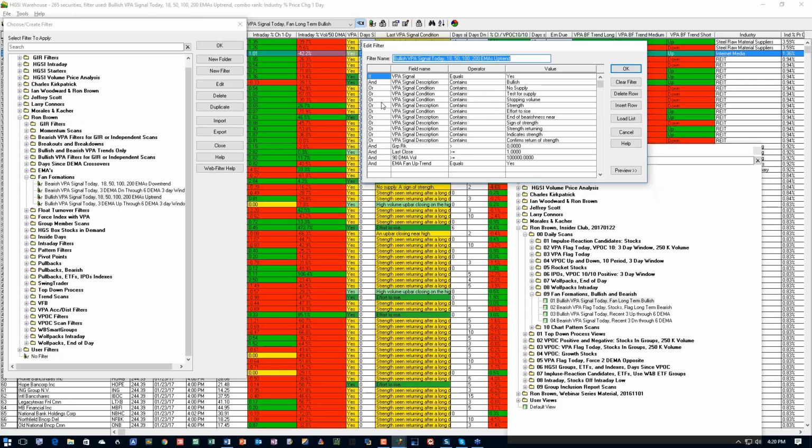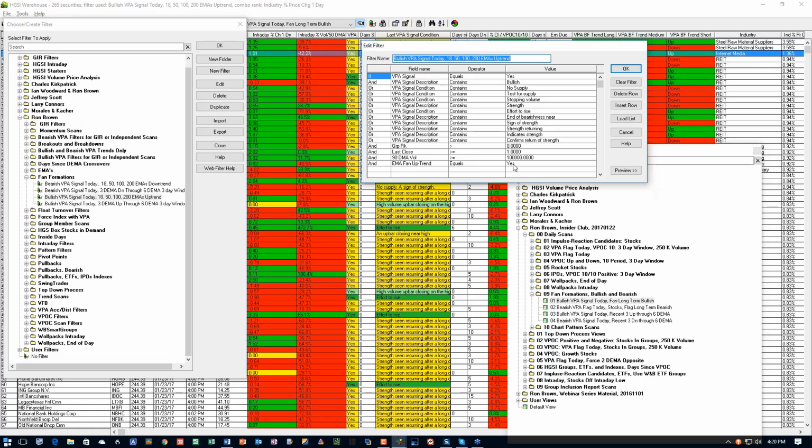That's because of these OR statements over here. And then the last close and the 90-day moving average volume, we use 90 days because the VPA flags are based upon 90-day volume. And here is the new field right here. It's all coded into the program. If you want to experiment with it, build your own, just go in and locate EMA fan uptrend equals yes.